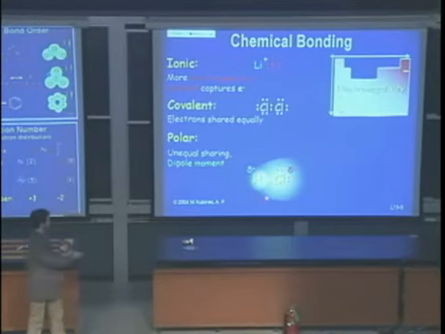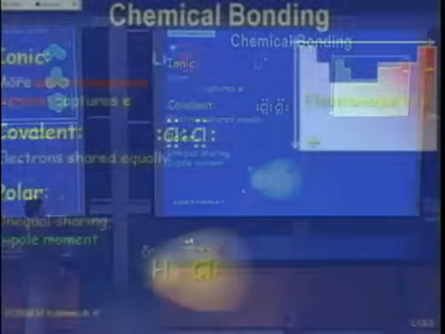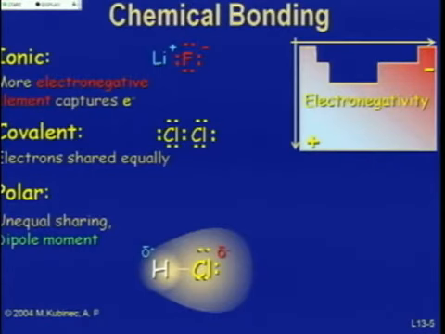Now, this cloud here is a representative of the probability of finding an electron around HCl. Now, we remember from looking at our atomic orbitals, right? They were a description of the probability of finding an electron in a given orbital.